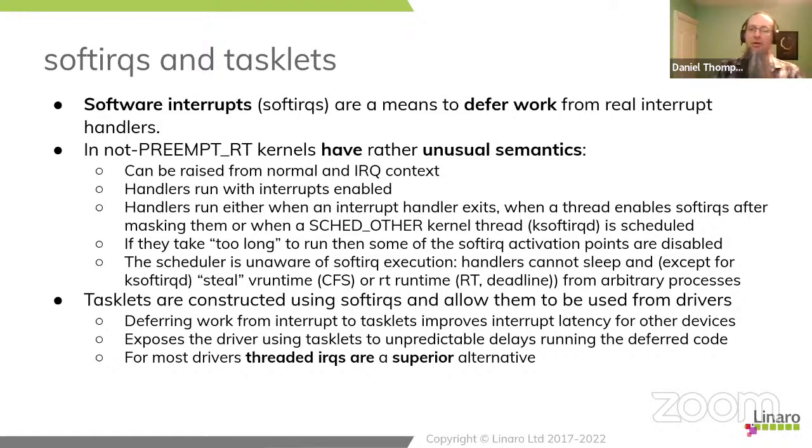Budget. So on a deadline task, you have the budget, and on a real-time task, you have those throttles that say if you use more than 95% of the CPU, stop running. Soft IQs steal runtime from those activities. So it's a particular problem for your deadline threads that when you're creating a budget on a non-preempt RT system, you don't just have to have a budget for your own execution time. You have to have a budget for your own execution time plus interrupts and soft IQs that might happen while you're running.